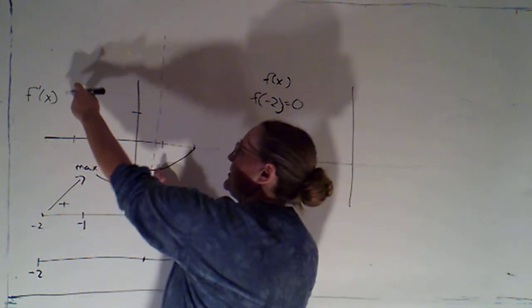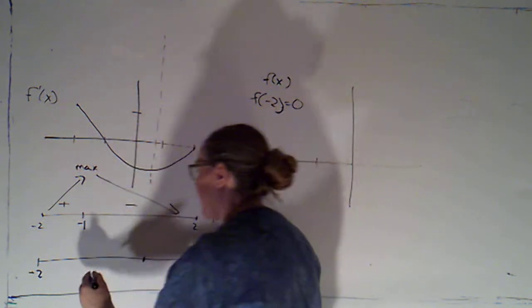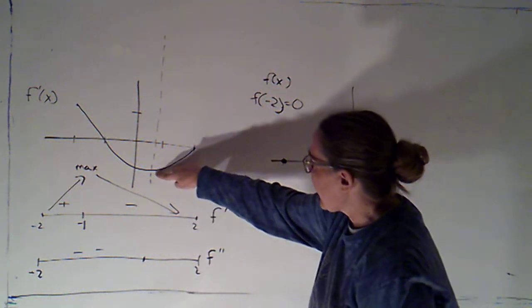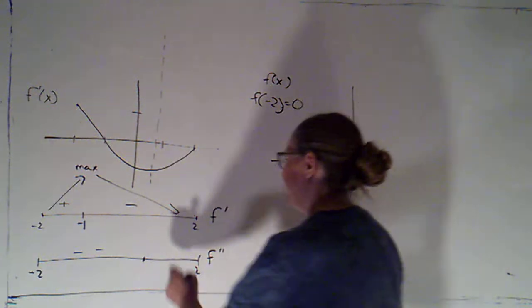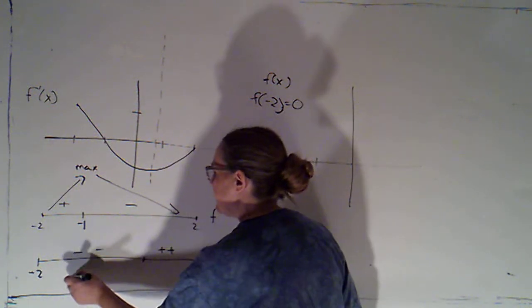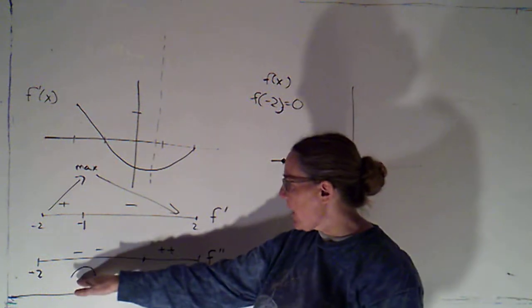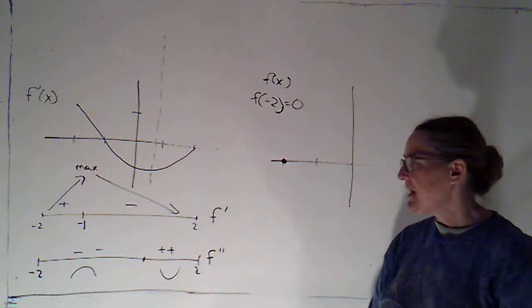Until then, my first derivative is going down, so its derivative, which is f double prime, is going to be negative. After that, my first derivative is going up, so its derivative, which is f double prime, will be positive, and that tells me that my graph is going to be concave down and then concave up.